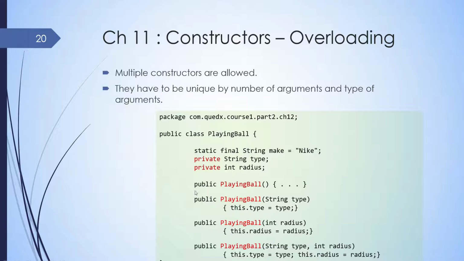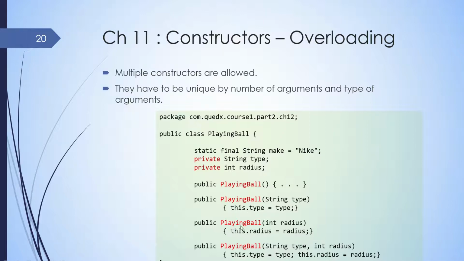So we have provided four constructors. The first one is a default constructor. It is not taking any arguments, hence it would not be able to initialize anything. The second constructor is taking a String type, so this will allow us to initialize the type data member.